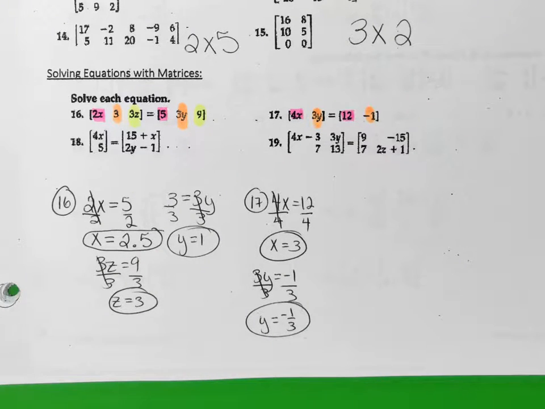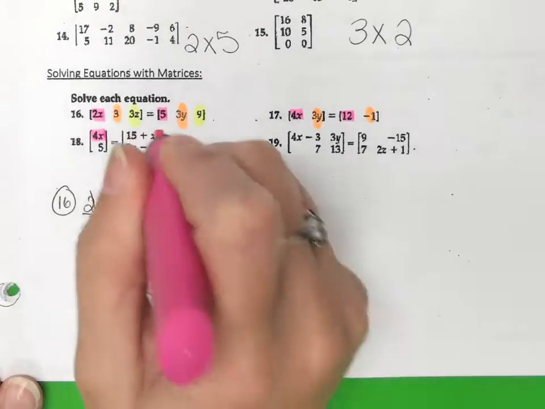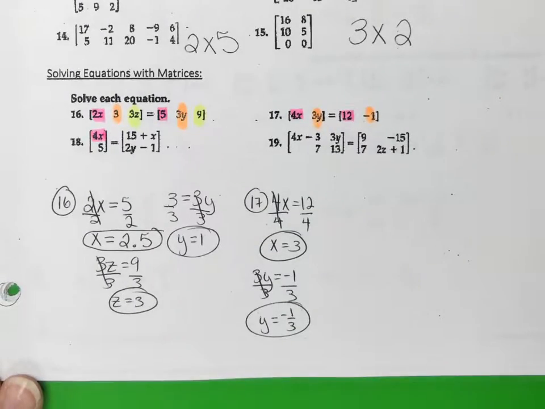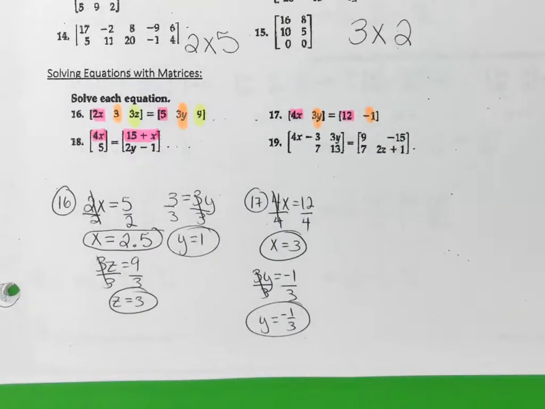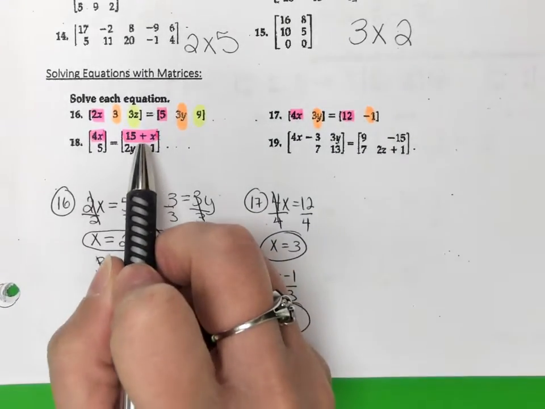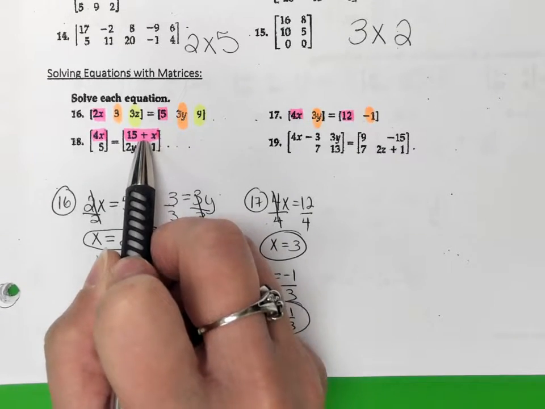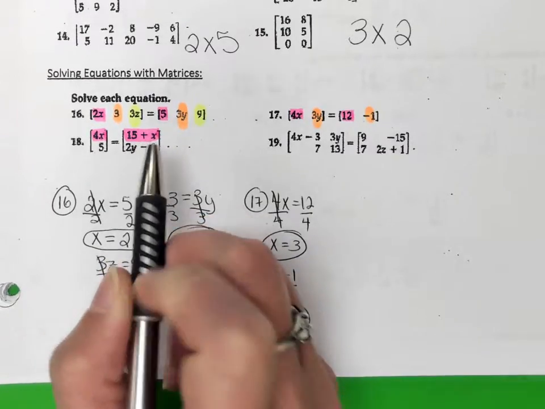All right, let's look at this one. 18 is a little different, okay? What lines up on 18? Which two line up with each other? 4x and 15 plus x, right? Both of those are together. Why are both those together? Because what ties them together is a plus sign. Does that make sense to y'all?